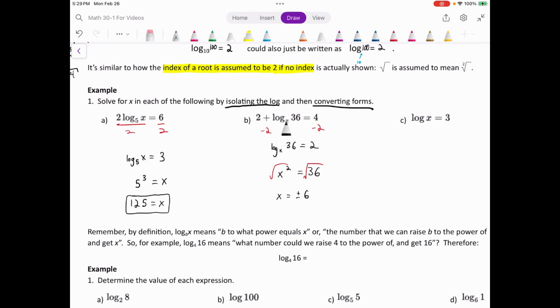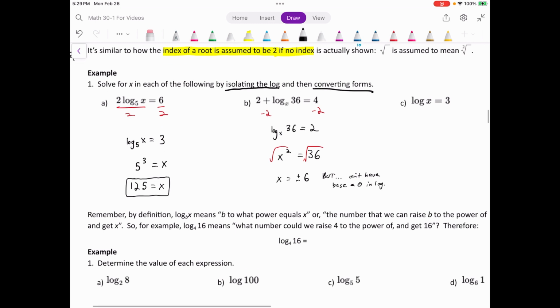Can we have a negative base, right? I know I've just kind of told you that for now. I promise we'll think about it in a second, why it makes sense, but we can't have a base less than 0 in our logarithm. Okay, so we have to reject that negative. It's what we would call an extraneous solution.